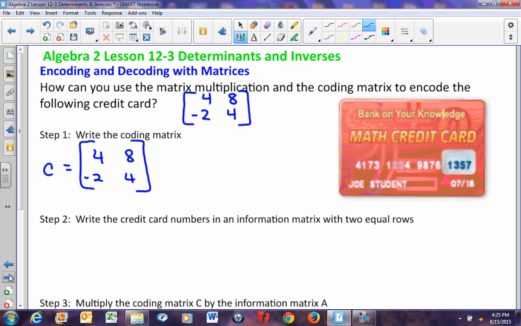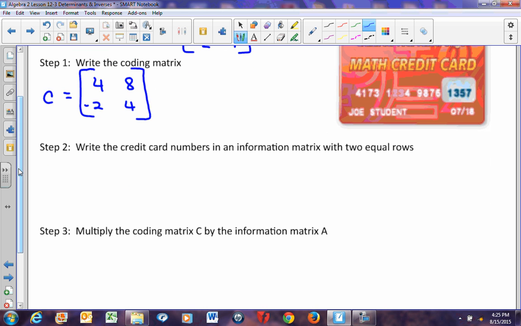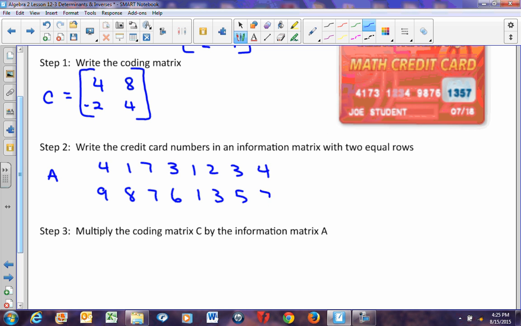Well, it has 16 numbers, so 2 equal rows would be 8 numbers in each row. So I'm just going to put the first 8 numbers, 4, 1, 7, 3, 1, 2, 3, 4 in the first row, and 9, 8, 7, 6, 1, 3, 5, 7. So there's my matrix with my credit card.